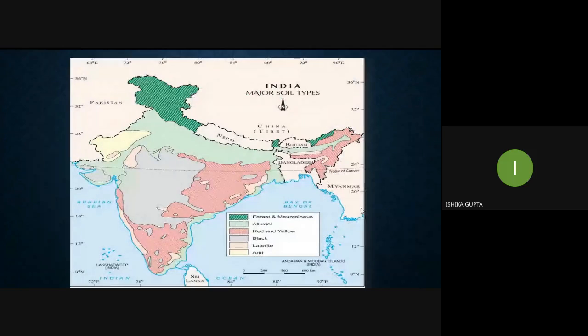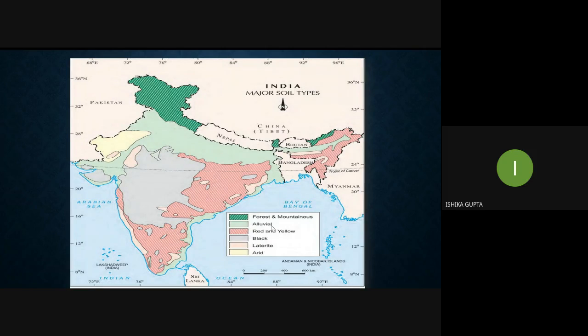And in this map of India, we can see the distribution of soil all over our country. We can see that this green part refers to the forest and mountainous soil. It's present in the northern region of our country, and some part of it is present in the east also. Then this is alluvial soil, which is present in the northern region and a little bit in the south also.